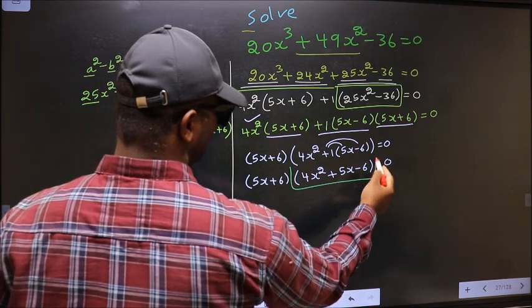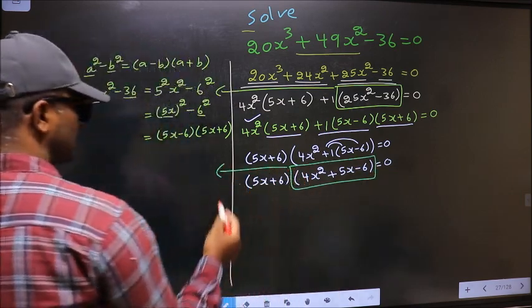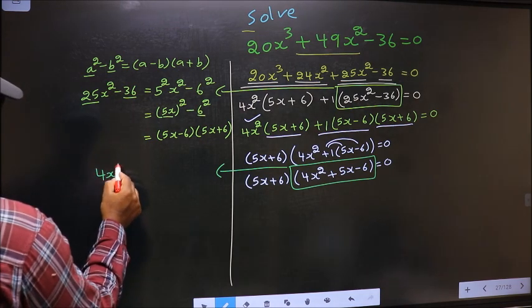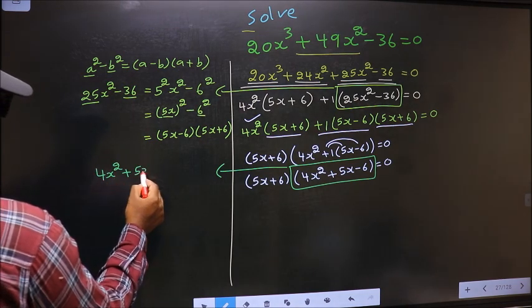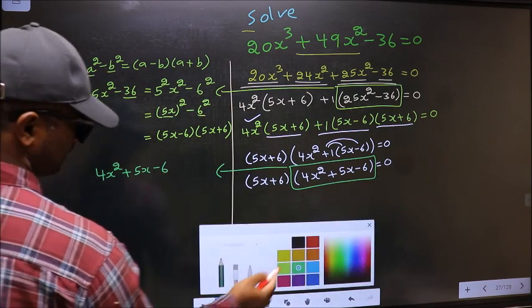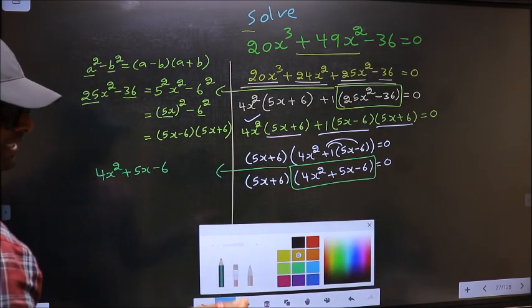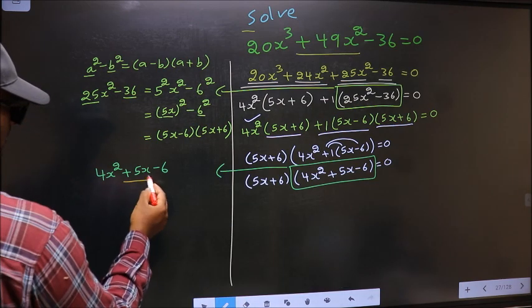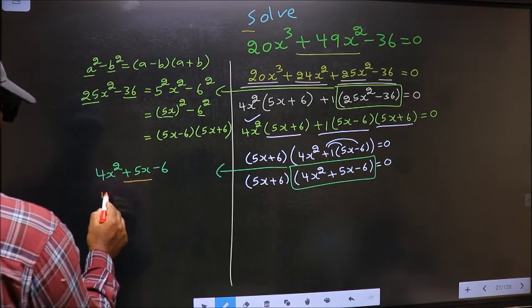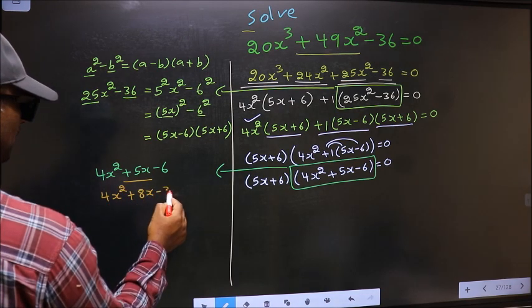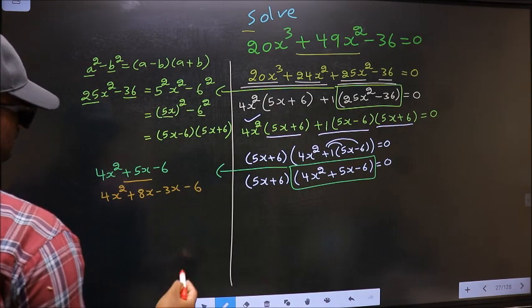Now this quadratic, I will factorize it here, that is 4x square plus 5x minus 6. To factorize this, we should split the middle term plus 5x. So in place of plus 5x, now I write plus 8x minus 3x minus 6.